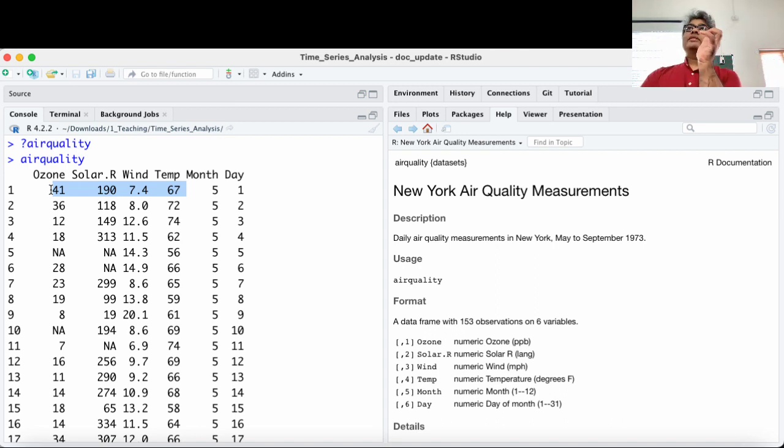Obviously, there is a temporal or time-wise dependence, and then you should also expect some cross-variable dependence. You can expect that maybe wind and temperature or ozone and temperature are correlated. But at the same time, that correlation might be an effect of time. So you have to be very careful about who is influencing whom.